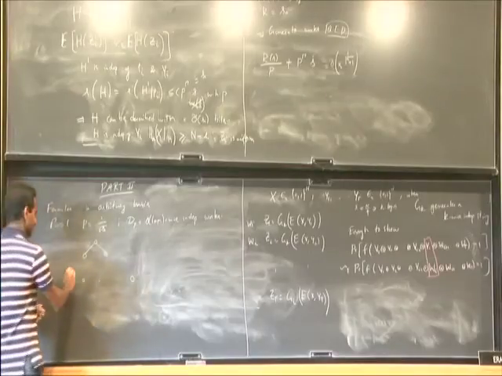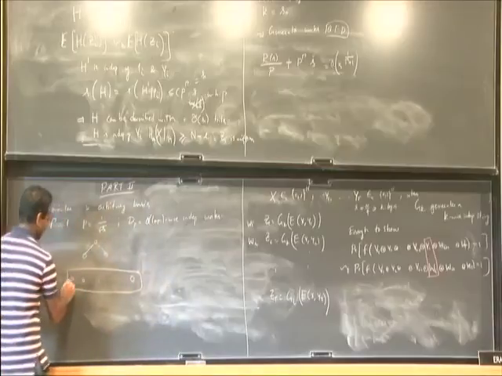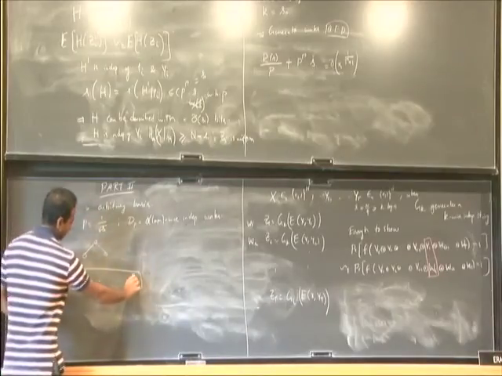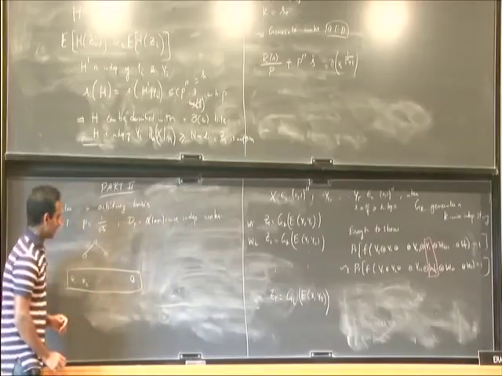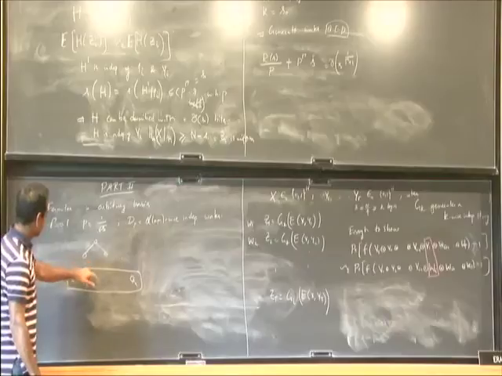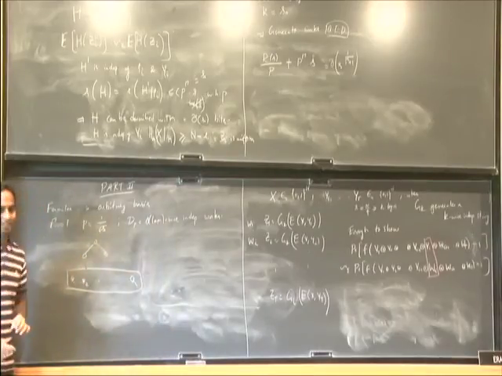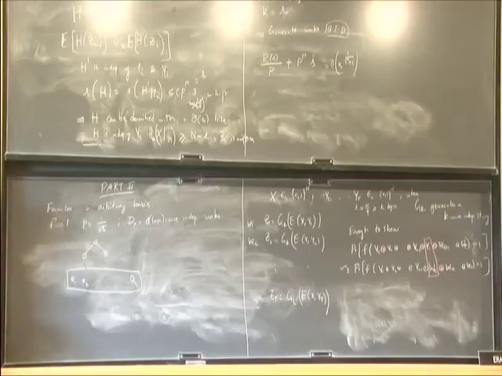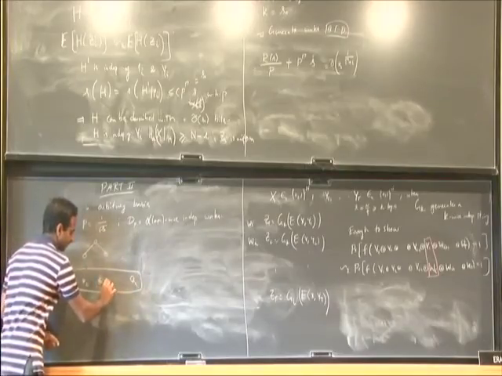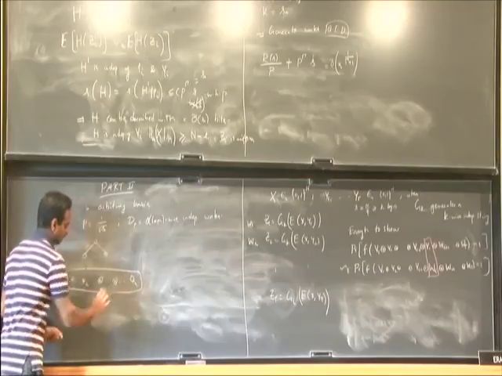So each leaf has some variable associated with it, x1, x2, and so on. But some things might be repeated several times.